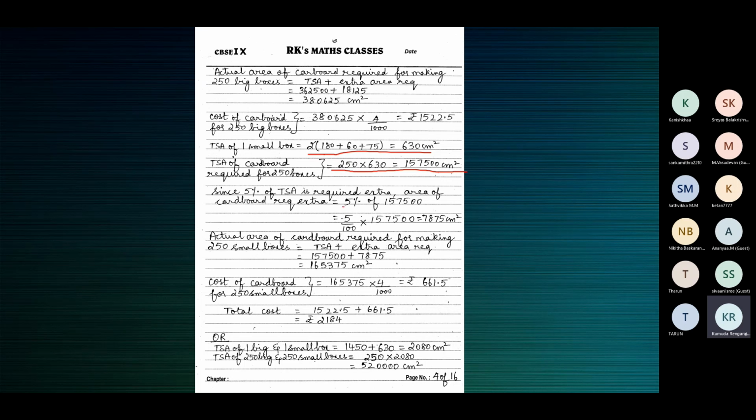Then 5% extra, so 5% of this area of 250 boxes. 5% means 5 by 100, and "of" means into. This is the extra amount of cardboard you need. So the actual amount of cardboard needed is the total surface area, this one, plus the extra.